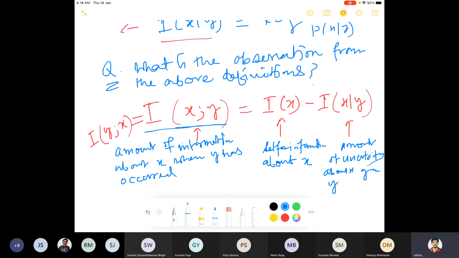It is whatever self information you have, and then you subtract the self information when you know that Y has occurred. Whatever amount remains is the amount you need to know that X will occur when Y has occurred, or X is transmitted when Y was received.